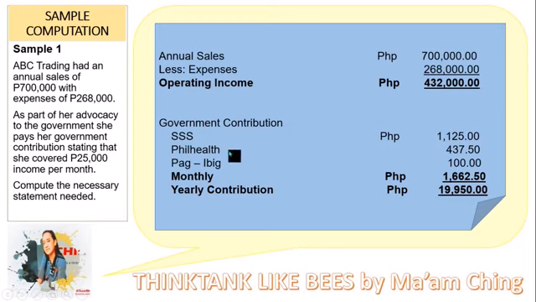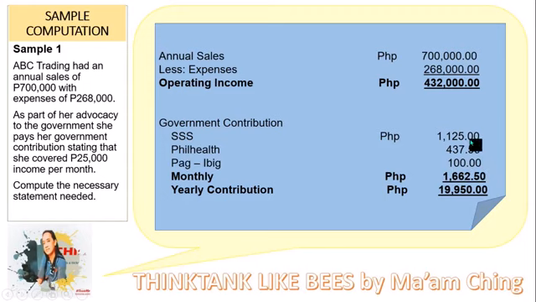And then PhilHealth, which can be computed by multiplying by 3.5%. So we have 25,000 times 3.5% divided by 2, so we have 437.50. For the Pag-Ibig, it's 100 because whether your salary is a minimum or maximum, you are considered to contribute only 100 pesos.